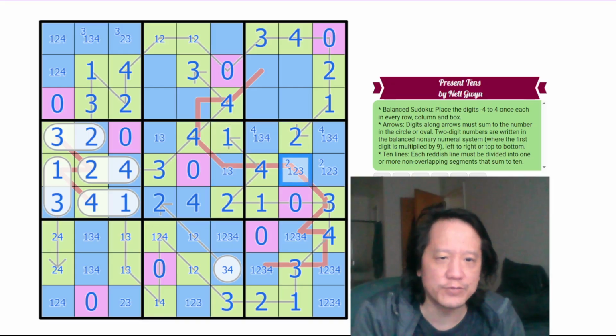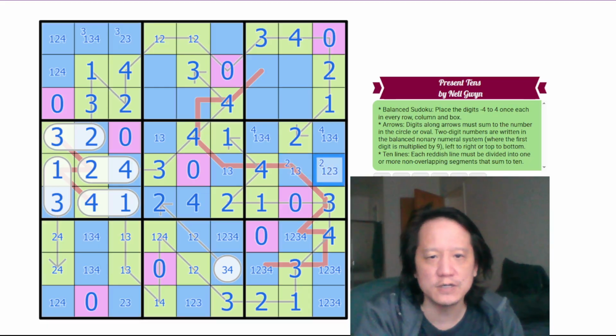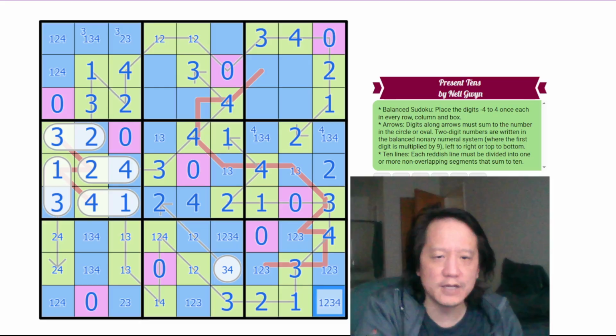This has to be a 1, 3 pair, so this cannot be negative 2, which means negative 2 is here. This has to be negative 1, 2, and 3 to add up to negative 6. And this must be negative 1 and negative 1.